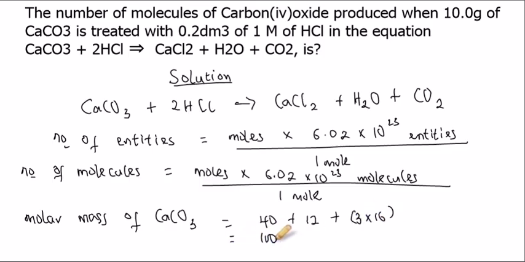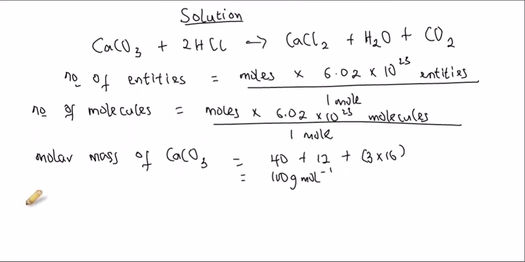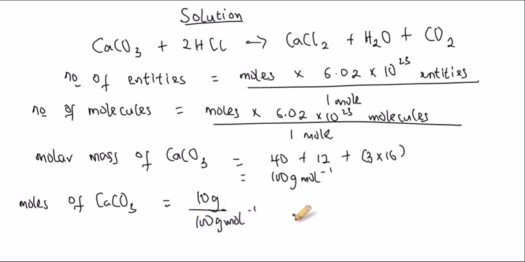Calculating this, we have 100 grams per mole. So the moles of calcium carbonate equals 10 grams divided by 100 grams per mole, which is equal to 0.1 moles.